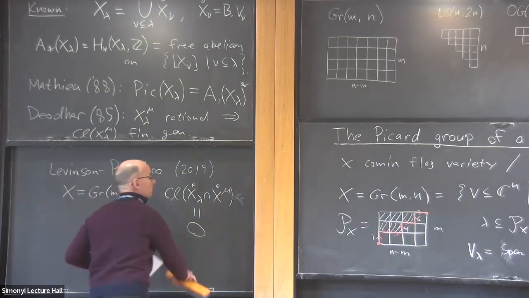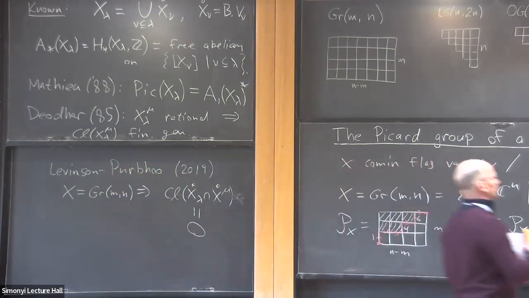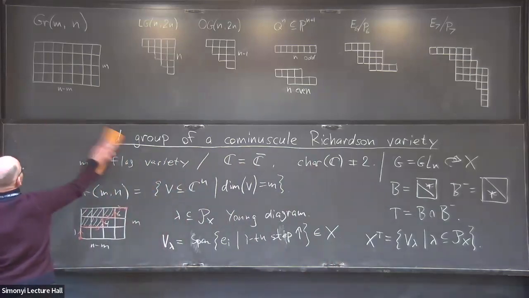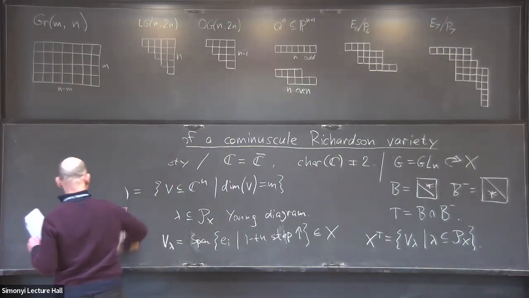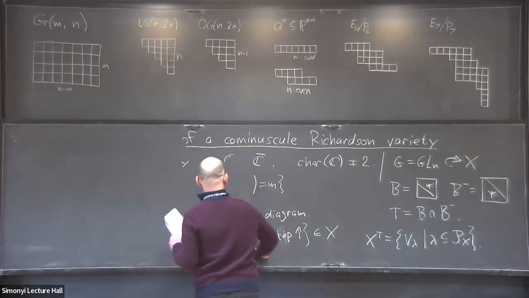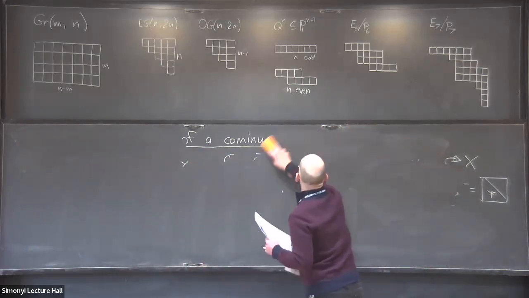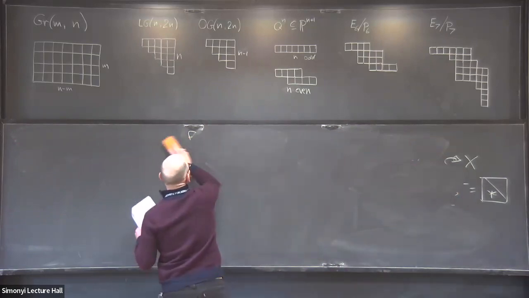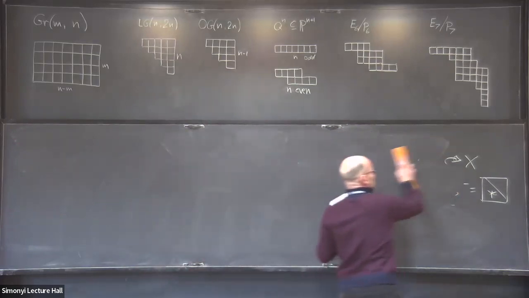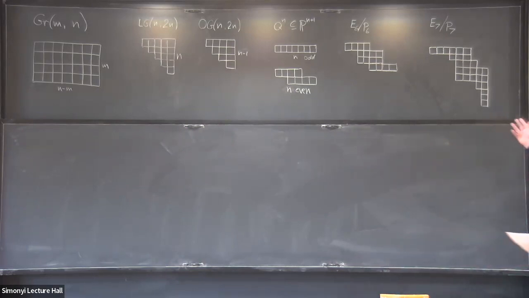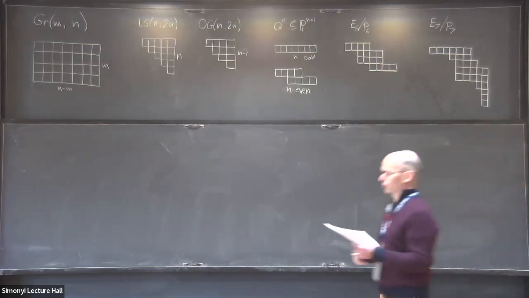All right, so let's discuss Richardson varieties and cominuscule flag varieties a little bit more. The Schubert varieties are given by stop diagrams of these shapes that gravitate to the northwest.